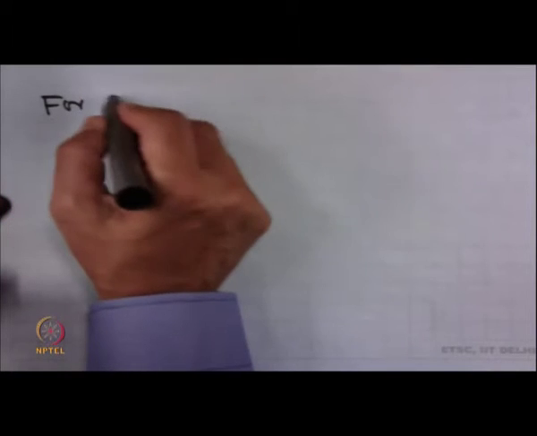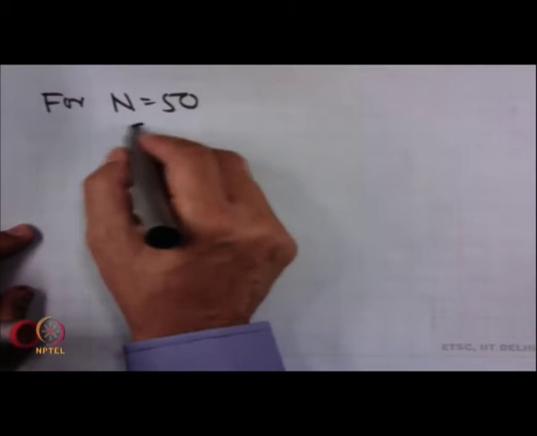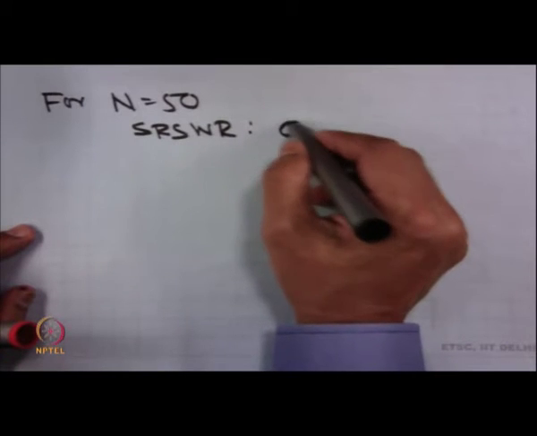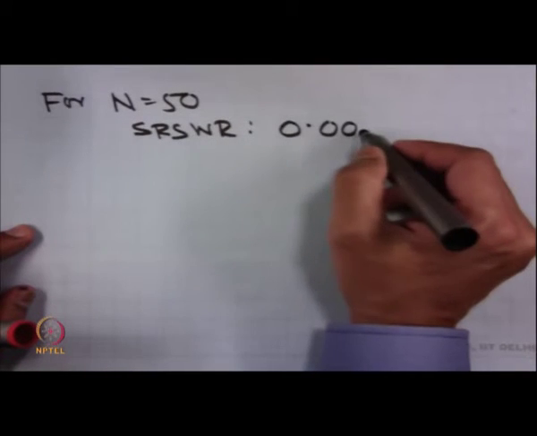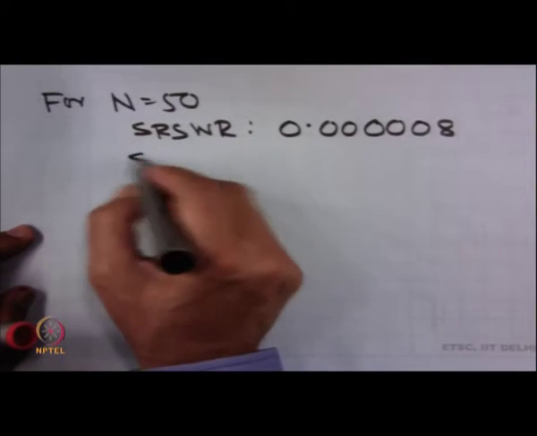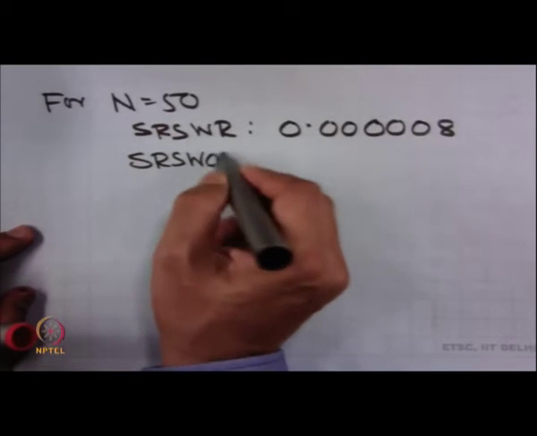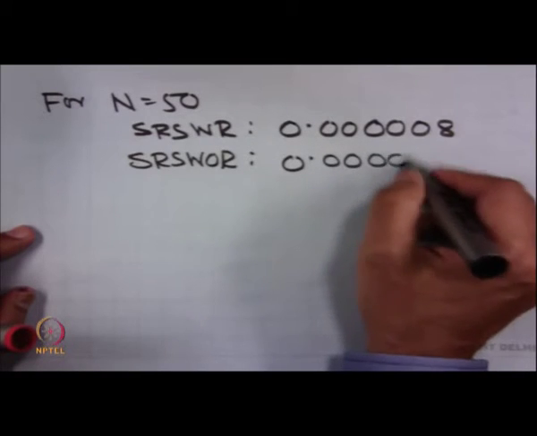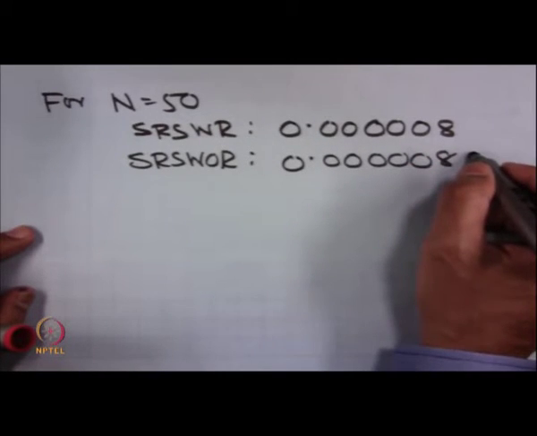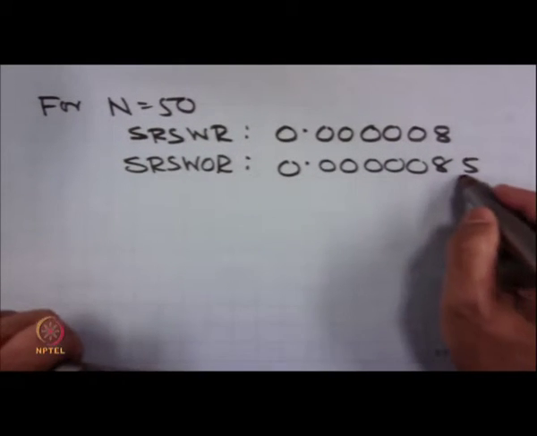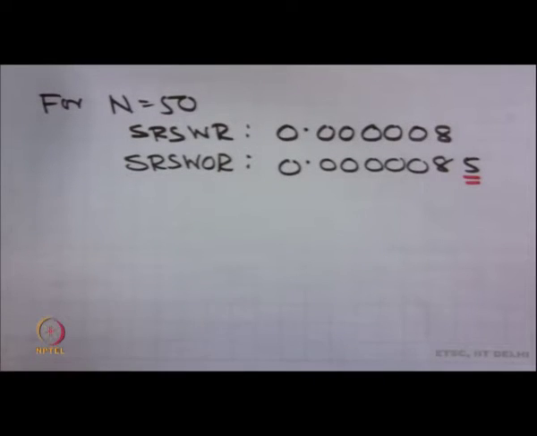Similarly, for n is equal to 50, we get SRS WR 0.000008, and SRS WOR, it is going to be 0.0000085. So, again the difference is coming at the 7th decimal place.